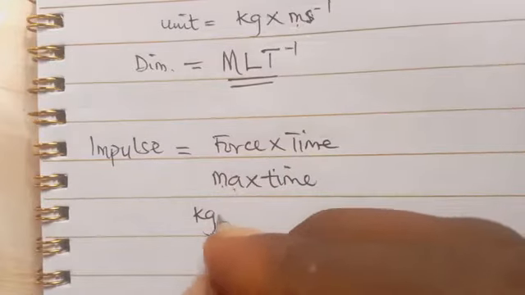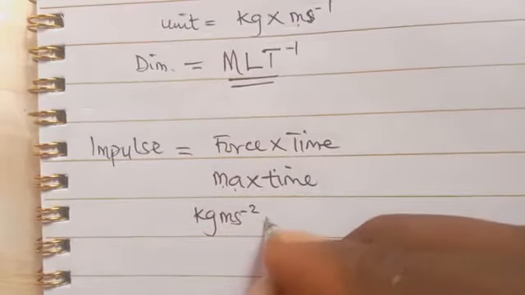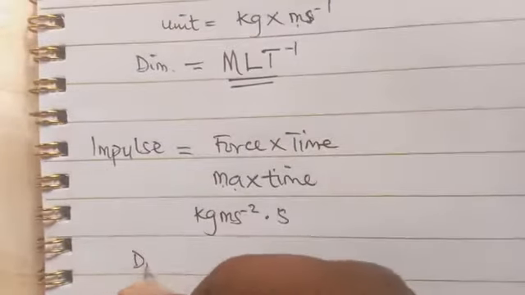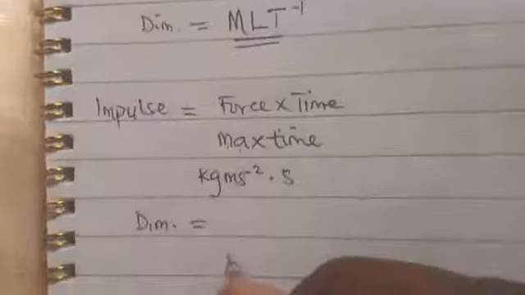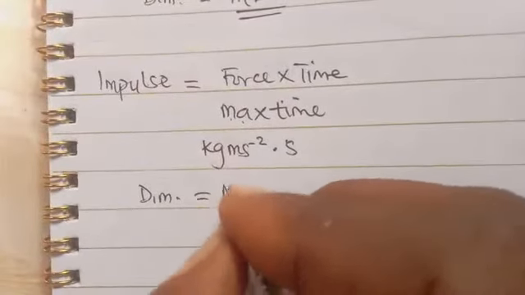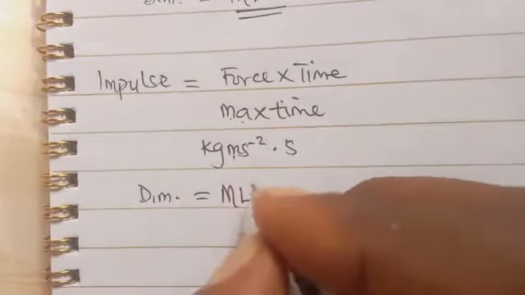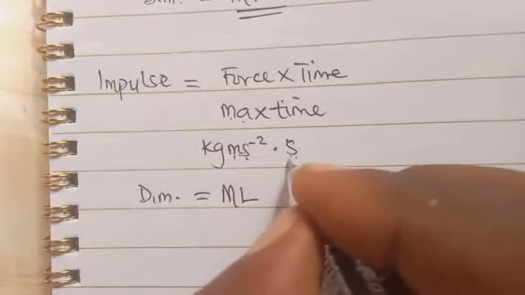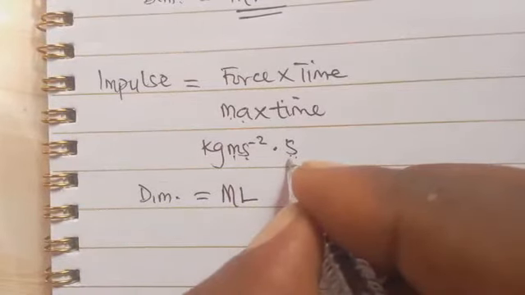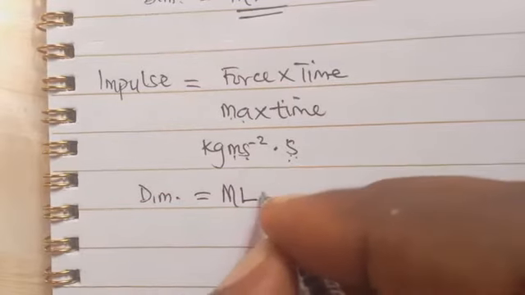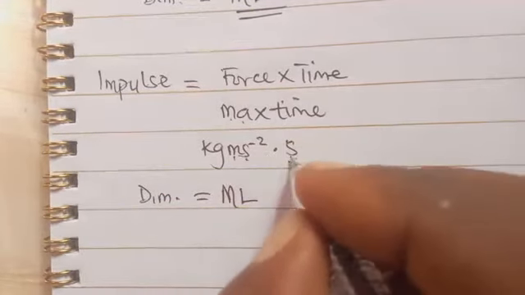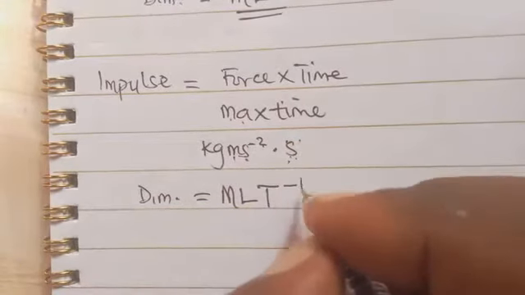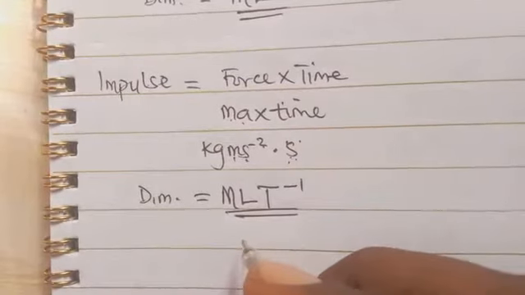Acceleration is given as meters per second squared times time, which is seconds. If I were to put it in dimension, we'll have mass, length, seconds is time, but there's also another second. So when we are multiplying two quantities that look alike or that are the same, we pick one of them and add their powers. So seconds talks about time, minus 2 plus 1 will give you minus 1. So this is the dimension for impulse.